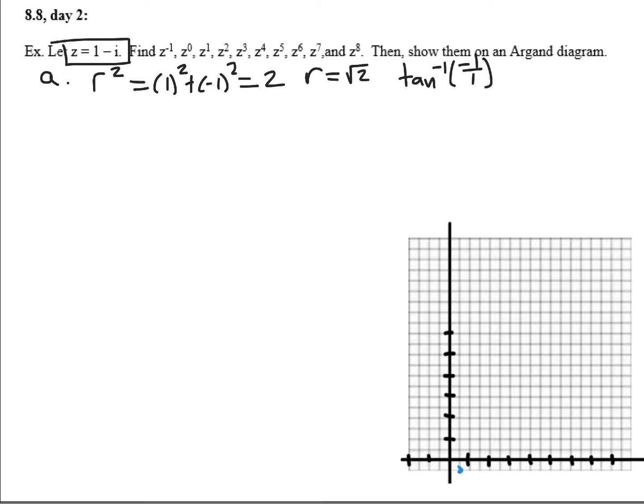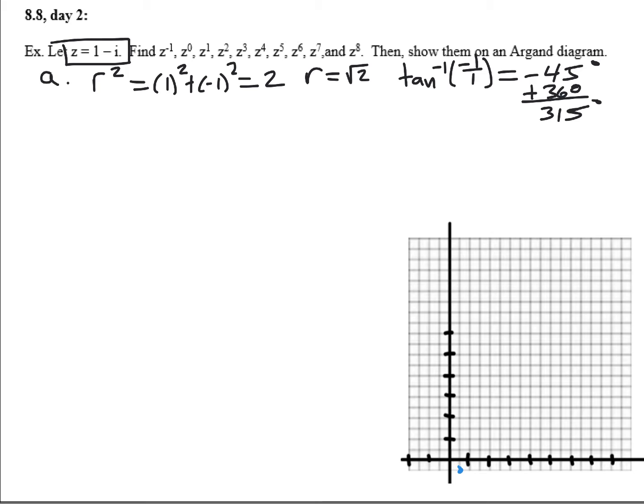Take tangent inverse of -1. If you did it off your calculator, it's going to tell you -45 degrees, which I don't love. I mean, I kind of do. It puts us in quadrant 4, which you can see down in the graph. That's where we are. But I do want it as a positive, so I'll add 360 and get 315.